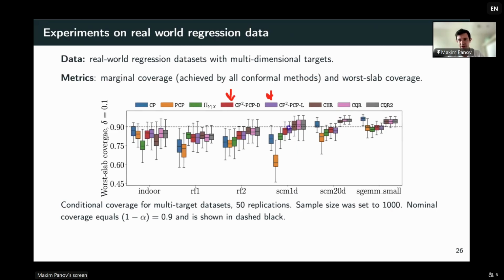You see they have better conditional coverage and sometimes smaller variance than, for example, the methods based on quantile regression. I wouldn't say that this method is some ultimate method which one should use in any application, but in certain scenarios it definitely gives benefits in terms of coverage and set size. I'm not showing set size here, but we have it in the paper.